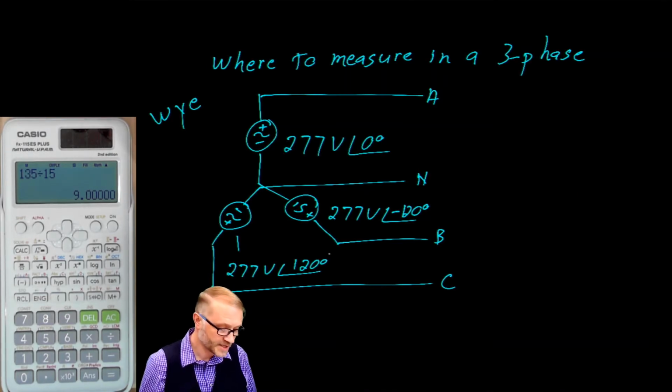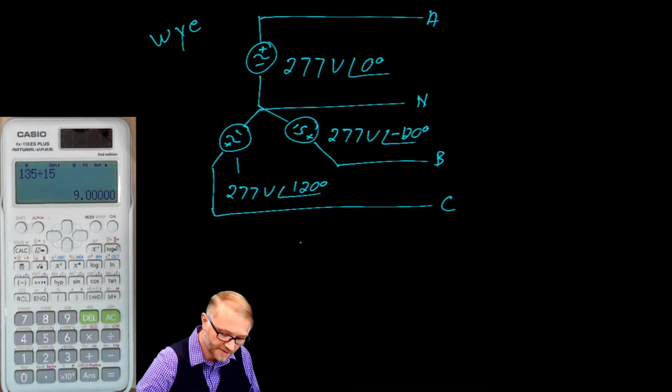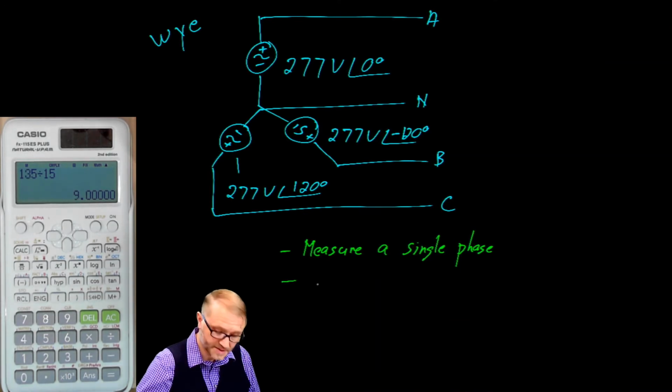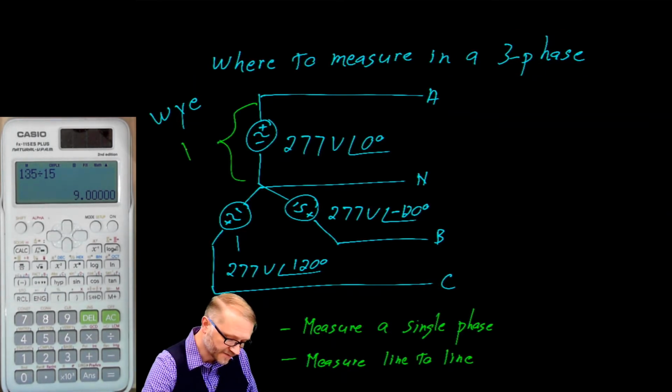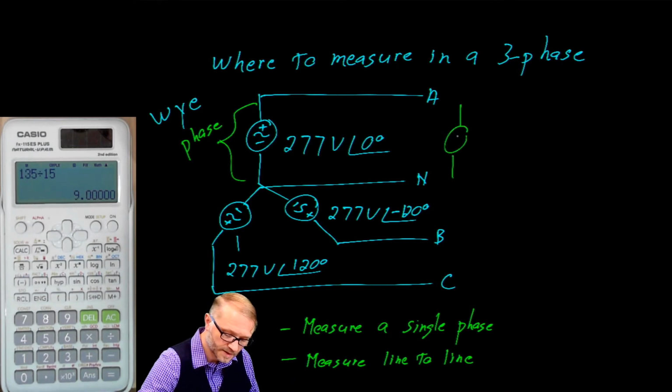You could measure a single phase. You could also measure line to line. In a Y system, this piece here is what we call a phase, which is the same as saying a measurement going from volts line to neutral.